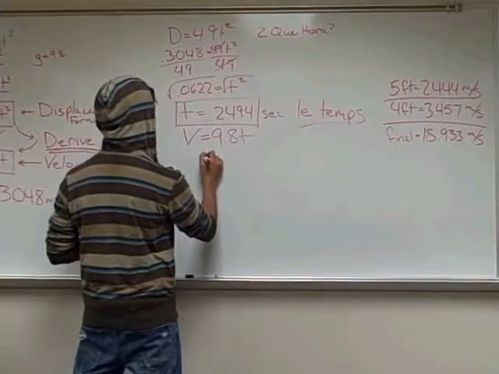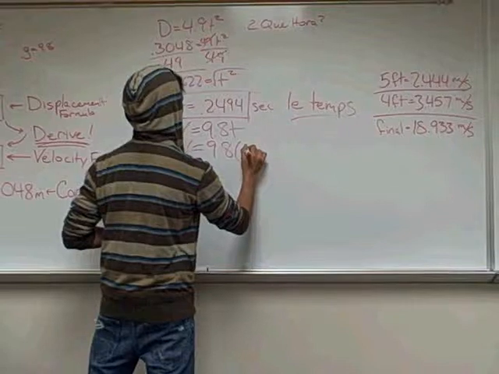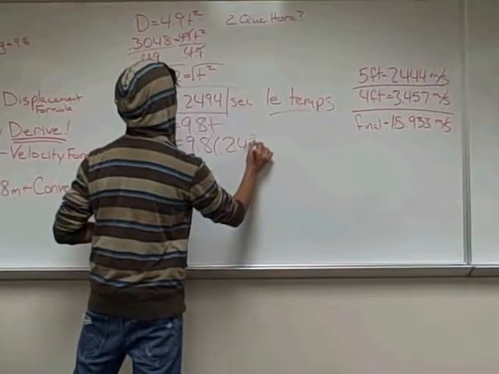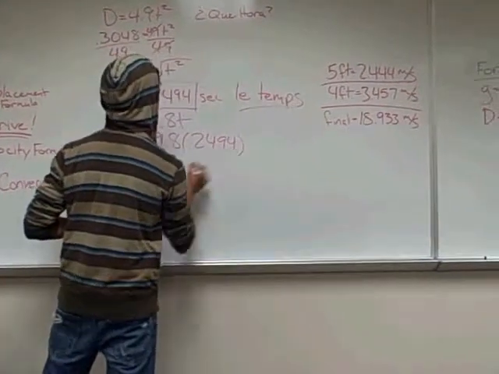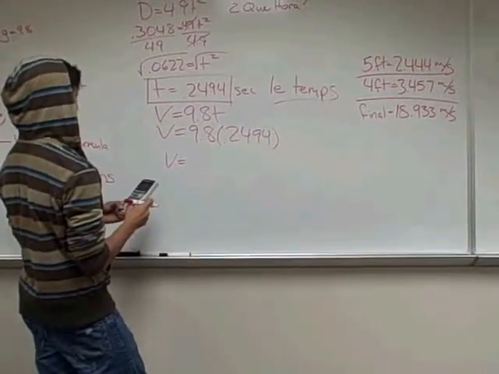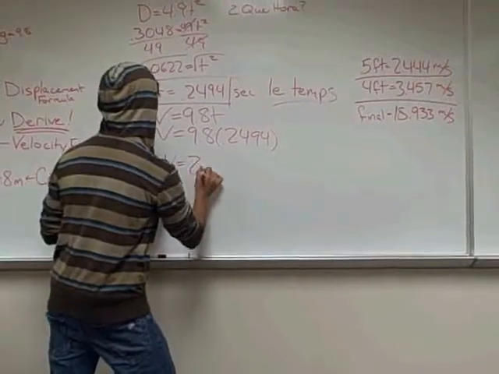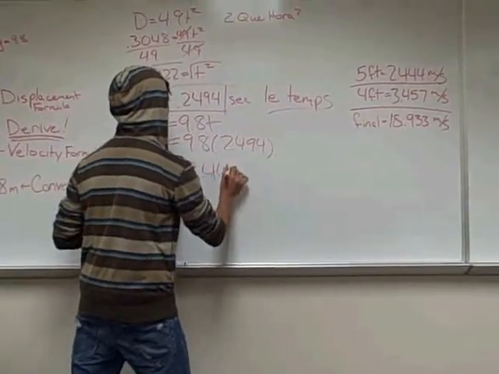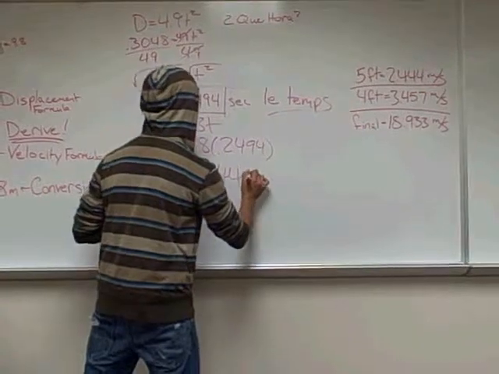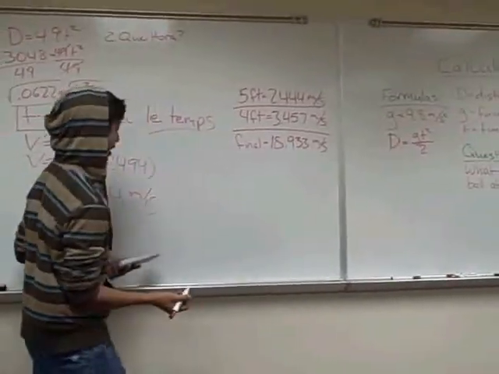You get v is equal to 9.8 times 0.2494, and v is equal to 2.444 meters per second. Voila, and that gets your velocity.